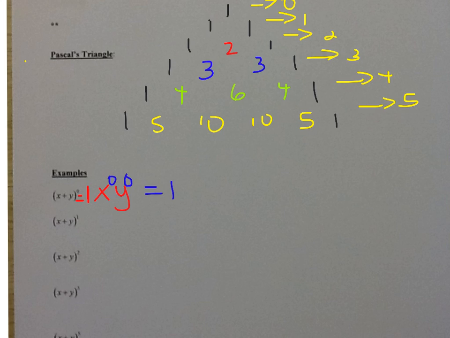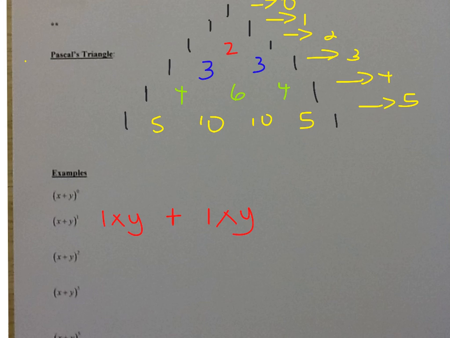All right, so now let's do x plus y to the first power. So here's my exponent of 1. So I have two coefficients. So it's going to be 1 xy plus 1 xy.